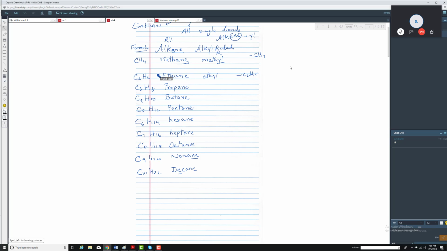Okay, but one more thing. What about the propane radical name? Prop, just YL. And its formula is going to be C3H how many? And so on. Butyl, pentyl, like that.